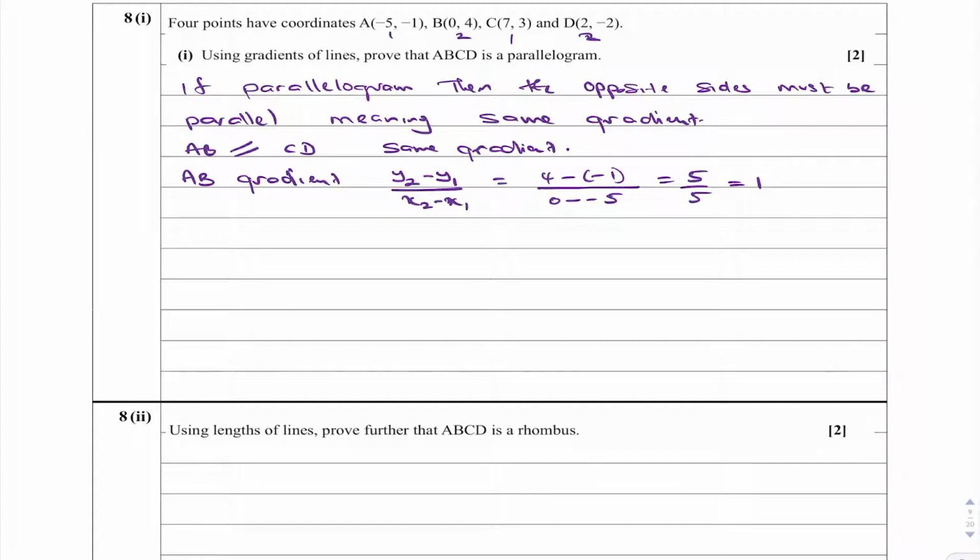So let's find the CD gradient. Again, using y2 minus y1 over x2 minus x1, that is minus 2 minus 3 over 2 minus 7, which will give minus 5 over minus 5, which is 1.